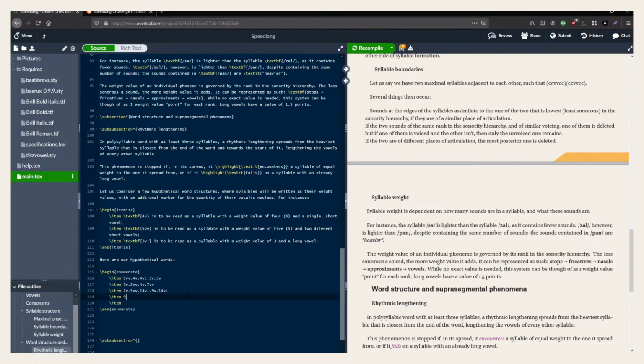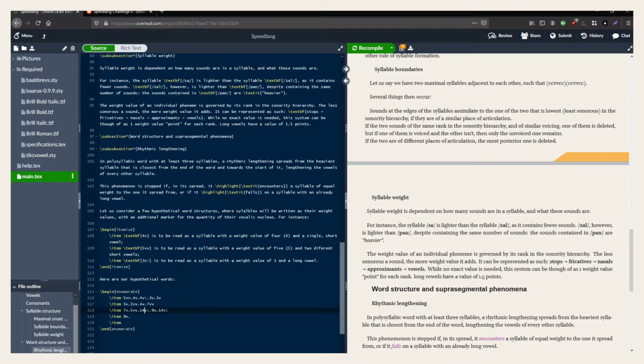So let's go with something like 9V. Oh, actually, that's not possible. Okay, that's not possible. I've noticed a complete incompatibility.